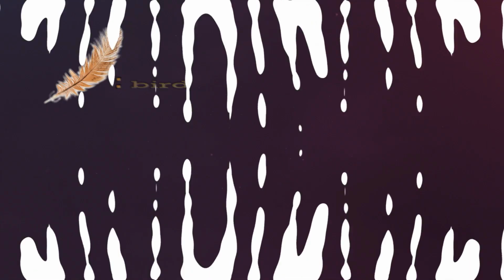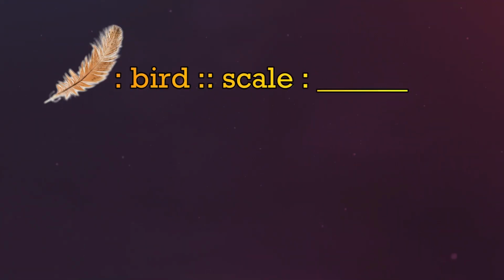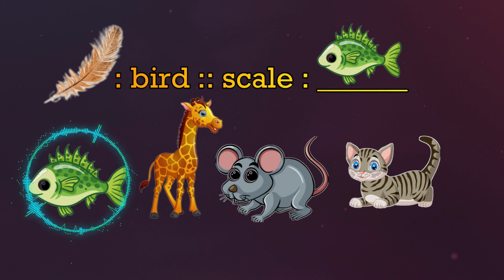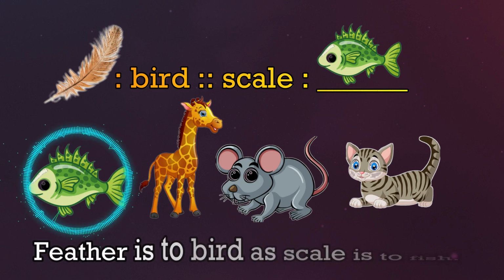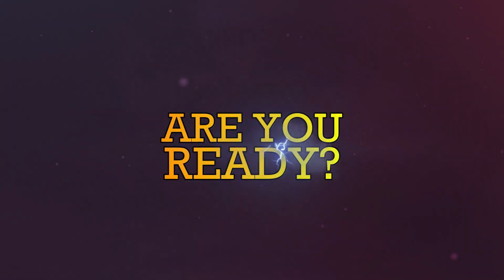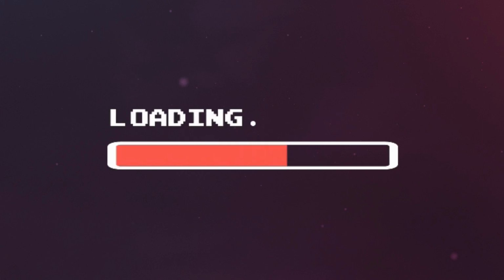In this task, you have to complete the analogy by choosing the right picture from the given choices. Then you have to transform these analogies into sentences. Are you ready? Let us get this started. Number 1.